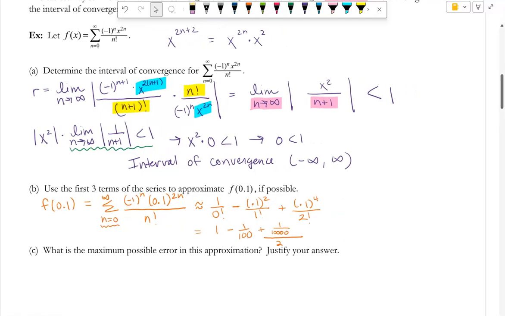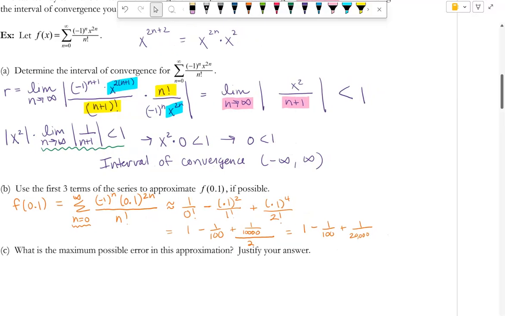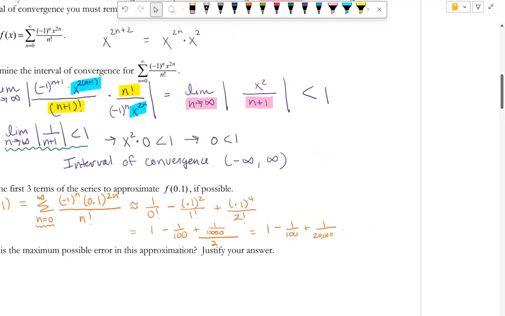So to get a good approximation here, I should probably get a common denominator. So this is really 1 minus 1 over 100 plus 1 over 20,000, which is 1 over 10,000 divided by 2. So my common denominator here should be 20,000.